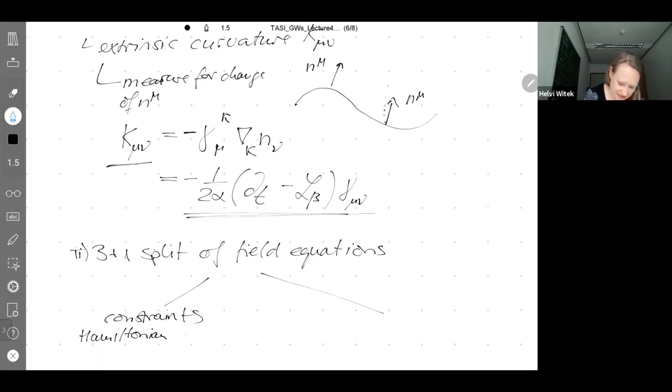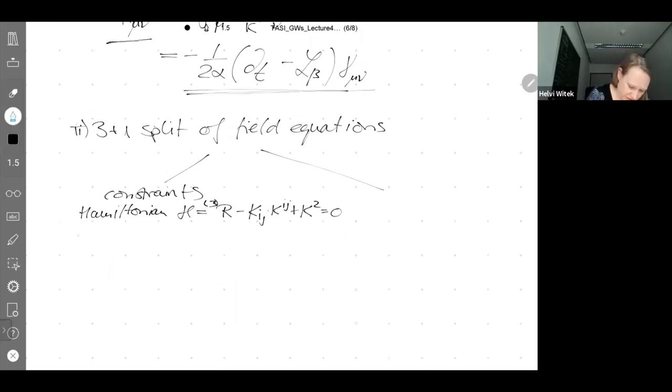At least in vacuum, this is the Ricci scalar in 3 dimensions, plus or minus this particular combination of the extrinsic curvature, equals 0.